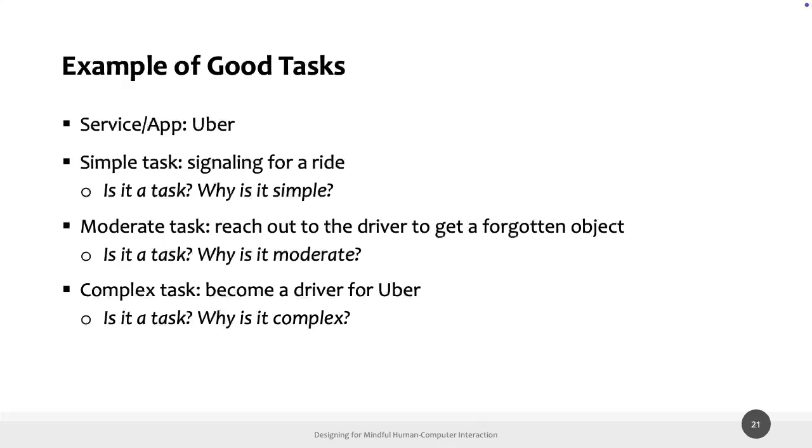Yeah, it's a task. It describes a goal that can be achieved with multiple actions, probably. We are not saying how to do the task in the task definition, right? And it's simple because it's probably the main task of the application, right? So it's the main feature. Moderate task: reach out to the driver to get a forgotten object.